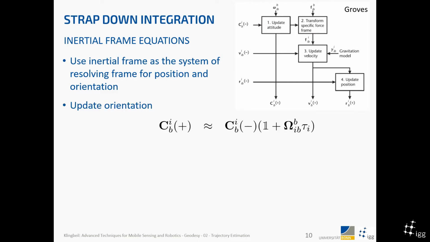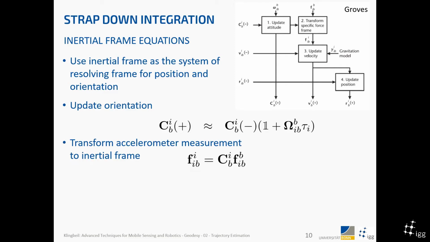What we do first, we update the orientation. That means we use the angular rate sensors, like these from the gyroscope, and we use the orientation at the last time step to update the attitude. The inertial sensor gives relative information, so there are no absolute values involved.